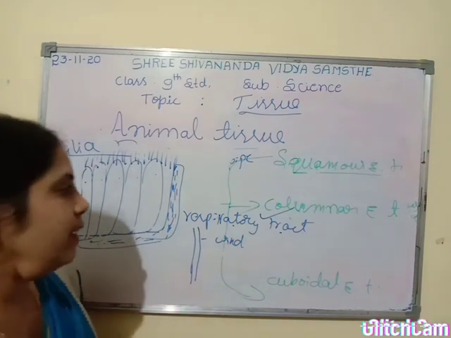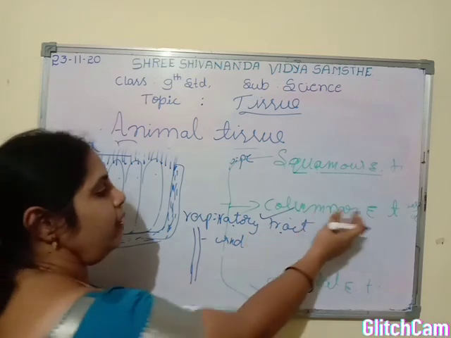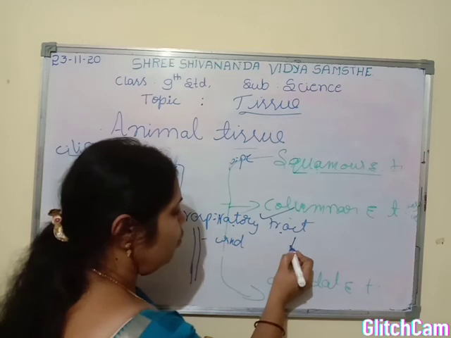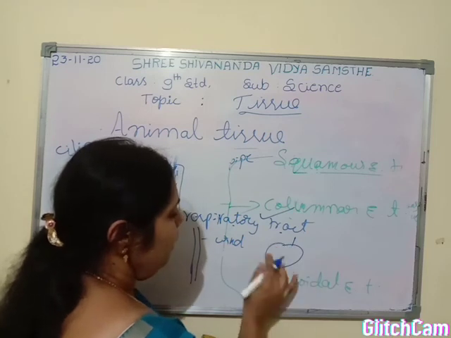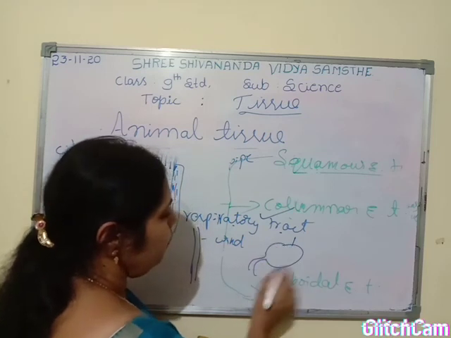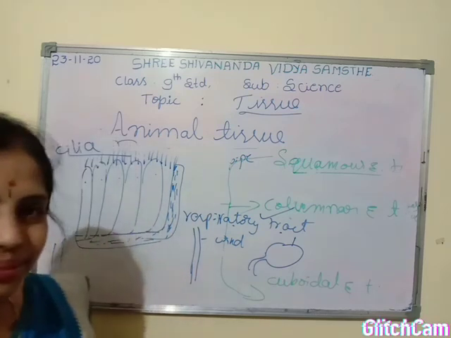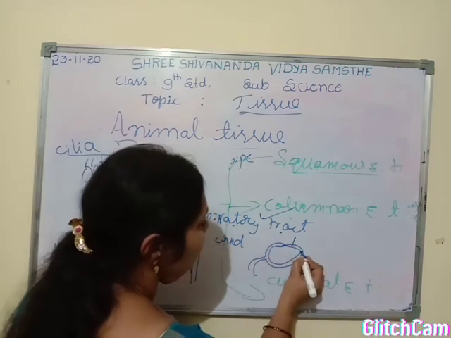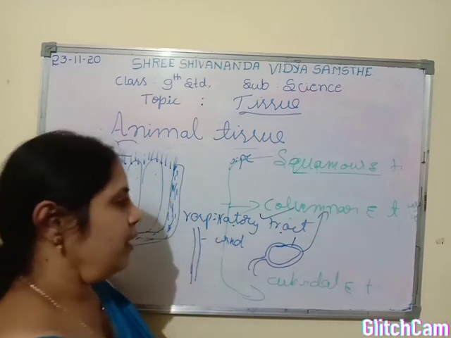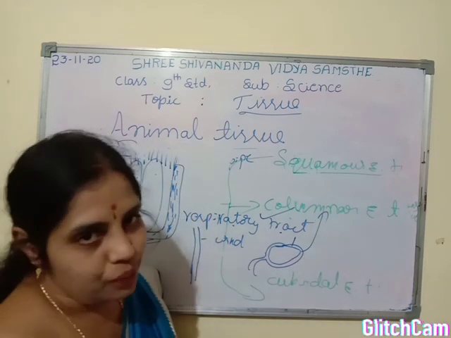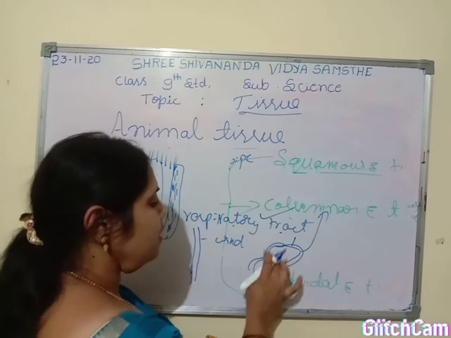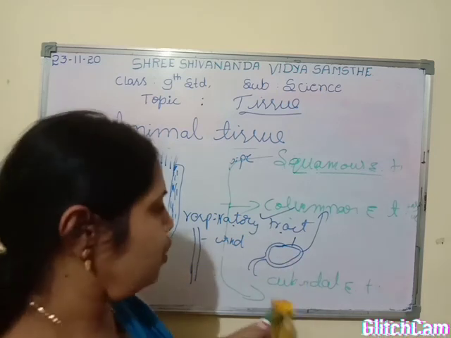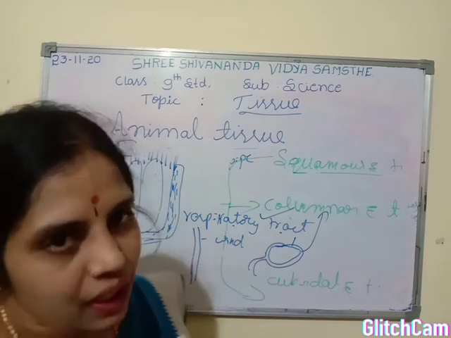In other locations also we can see columnar epithelial tissue, such as the wall of the pancreas. At the inner wall of the stomach also there is columnar epithelial tissue. Here also mucus is present, and this mucus helps in the proper passage of food materials.